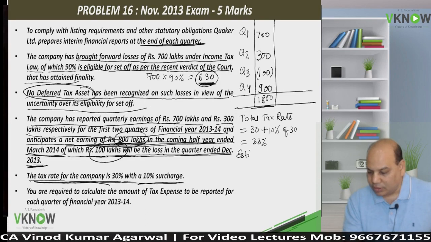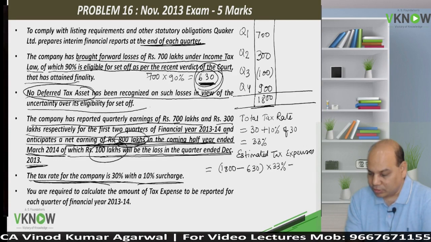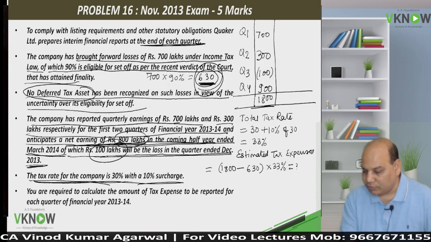My estimated tax expense will be 1800 is our income. 630 loss will be set off. 630 loss will be allowed to be set off. 1800 minus 630 and your tax rate is 33%. So your estimated tax liability would be 1800 minus 630 into 33%. So that comes to 386.1 lakh.